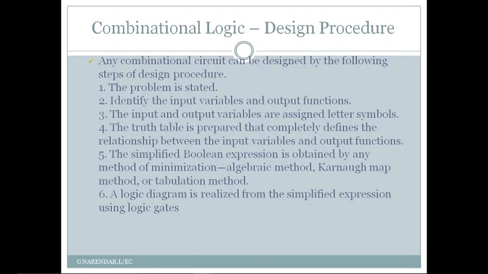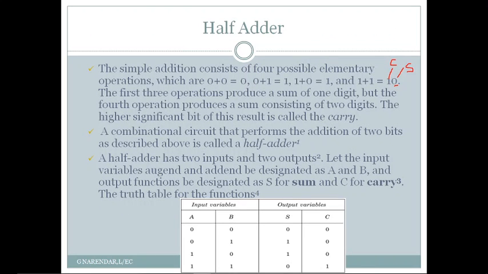So here you can see that the first step in the design procedure is that the problem is to be stated. So the problem here is that we require a combinational logic circuit that should perform the addition of two bits and produce a result where the result contains two bits.